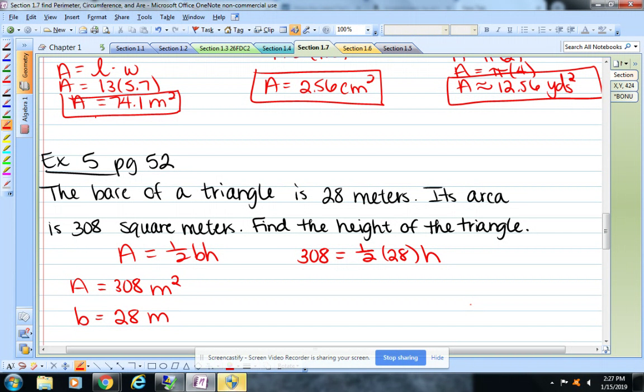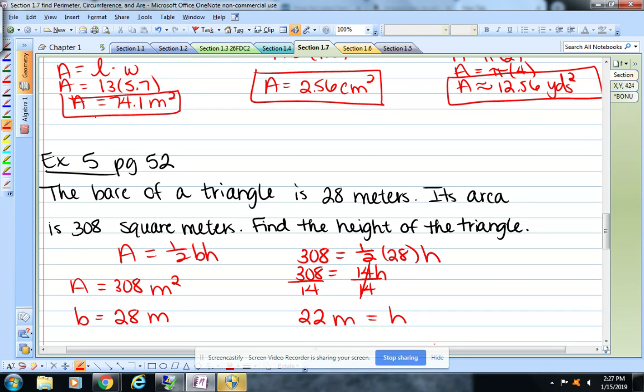Now, what's half of 28? So 308 equals 14H, and how do I get H by itself? Divide by 14 on each side, and could y'all do that and tell me what you get? 22. What's my units? Everything's in meters, so 22 meters is the height of that triangle.